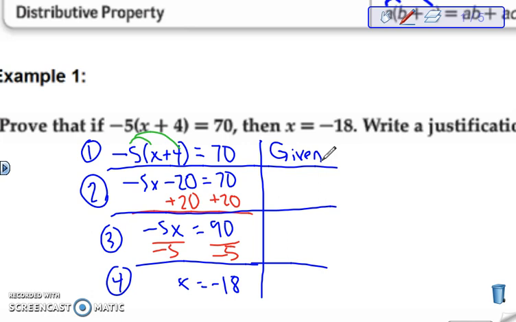So then what do we do? We distributed. And then we added 20 on both sides.